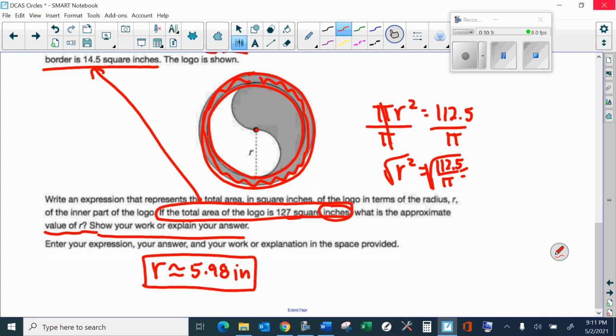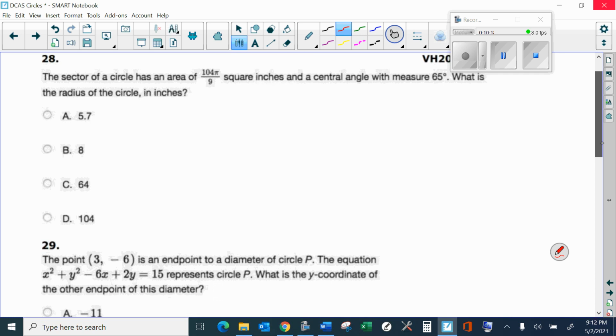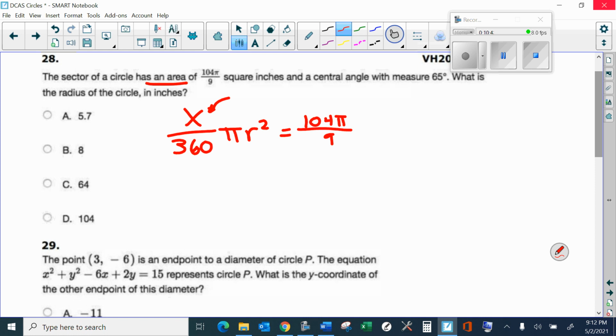Okay, all right, next. The area of a sector. You have to remember the area of a sector formula is x over 360 times the area, so pi r squared. The sector of a circle has an area of 104 pi divided by 9 square inches, and a central angle with a measure of 65 degrees, or the arc measure, same thing.